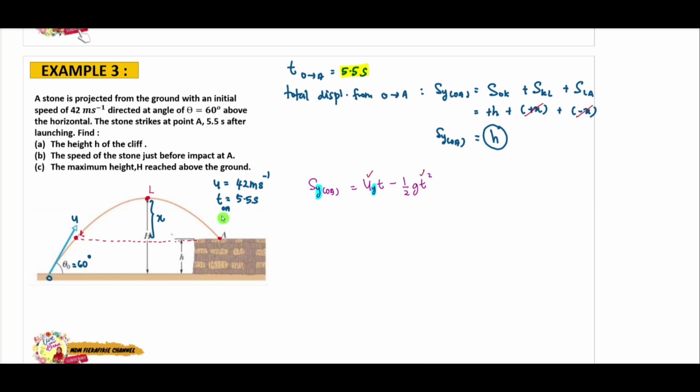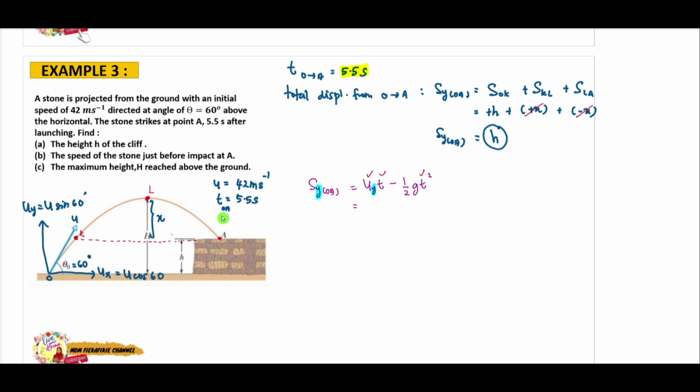So UY we can calculate from the diagram here. So resolvekanlah. So kita akan ada UX which is U cos 60, and then kita ada UY which is U sin 60. Okay, so we can substitute in this equation.